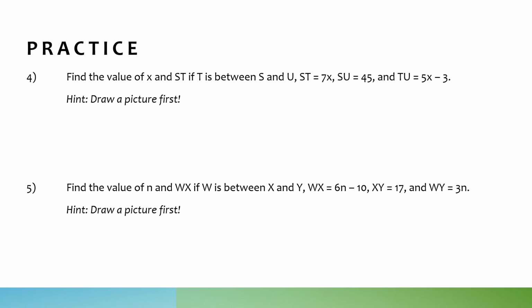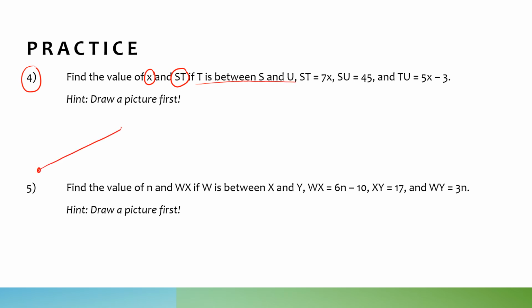So I'm going to skip number 5 and just do 4 on this page here. And we are given a description, and it's going to be really helpful to draw the diagram. So we want to figure out the value of x and the length of ST if T is between S and U. I'm going to pause there. So let's draw this out.